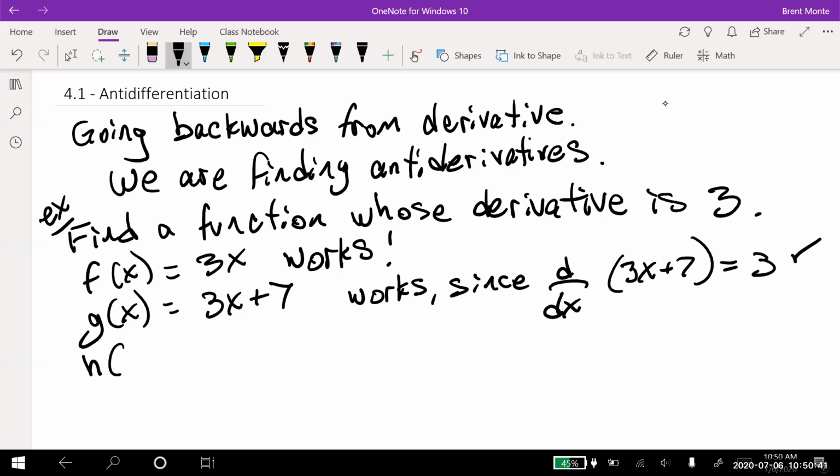But what about if I said h of x is 3x minus 2? That works as well. So we take the derivative, and of course we just get 3.